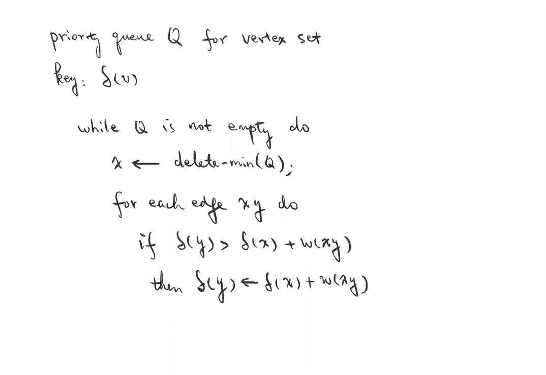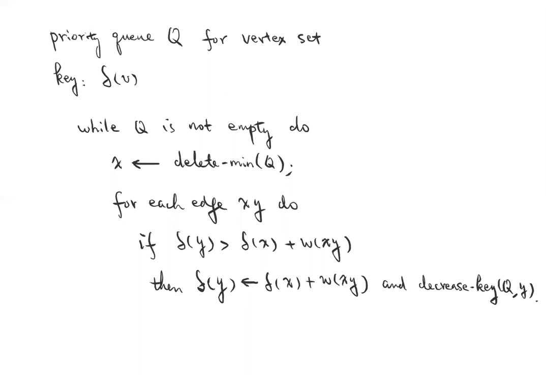Then the key value has been changed, so we should say decrease key of Q, y. That's the implementation detail if we use a priority queue.